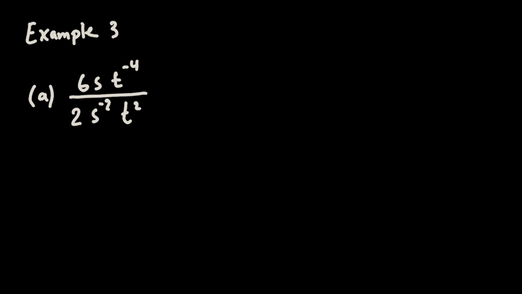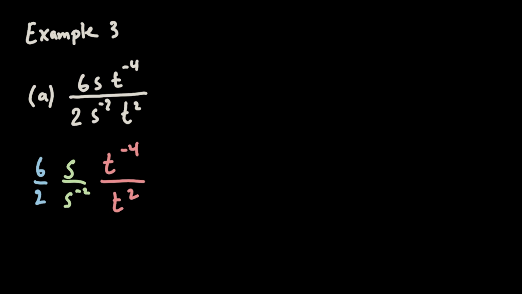So here we'll have 6 over 2, and then we'll have s over s to the power minus 2, and then we have t to the power minus 4 over t to the power 2. Notice that I am keeping the same variables with each other, but here we don't have a variable, so they are just numbers.